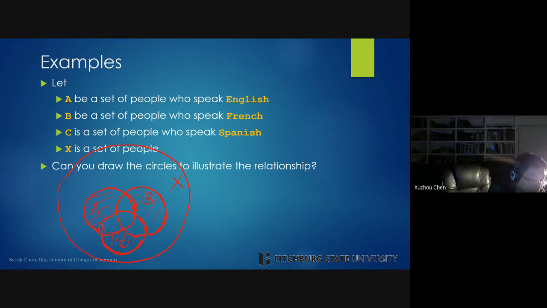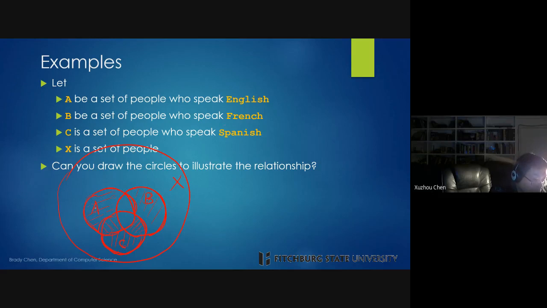Now here, these are a group of people who belong to both A and C, so they can speak both English and Spanish. And here, they belong to both B and C, which means they can speak French and Spanish, but not English.